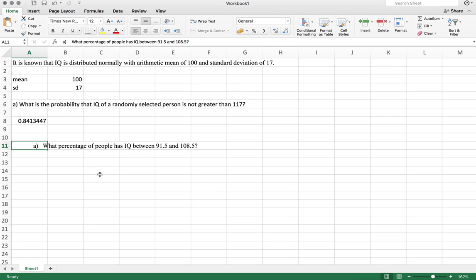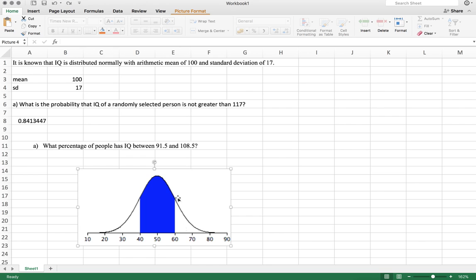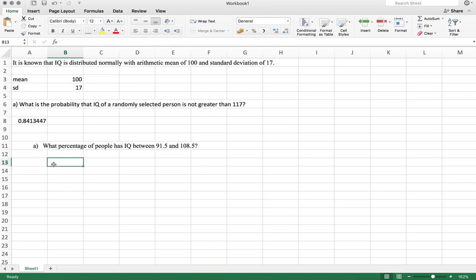To illustrate what we are looking for, basically we are looking for the area under the curve between two values. So we need the two values, and we'll just copy them from the text. One value is 91.5, the other value being 108.5.